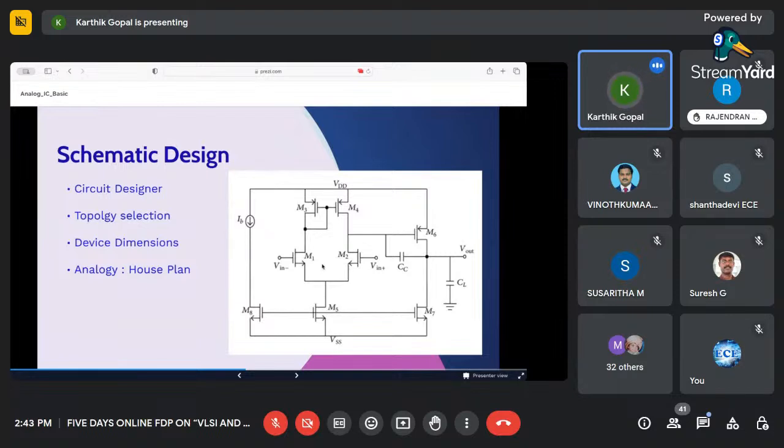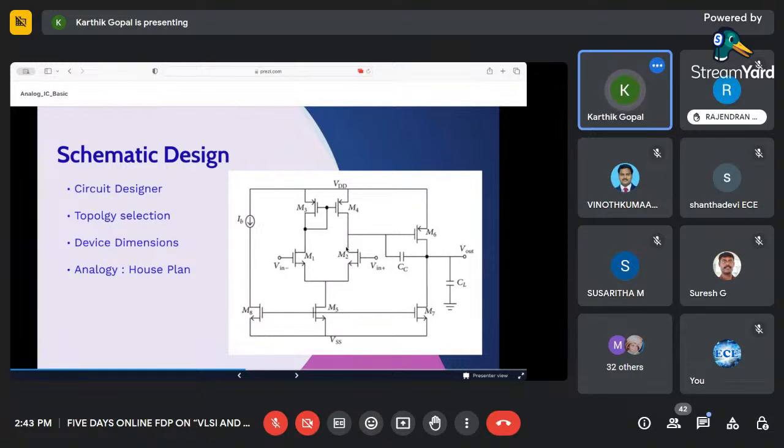The picture shown here is a two-stage amplifier. And after that comes the device dimension. What is the dimension of these devices, M1, M2, M3, M4? That is where the real design of this op amp comes.